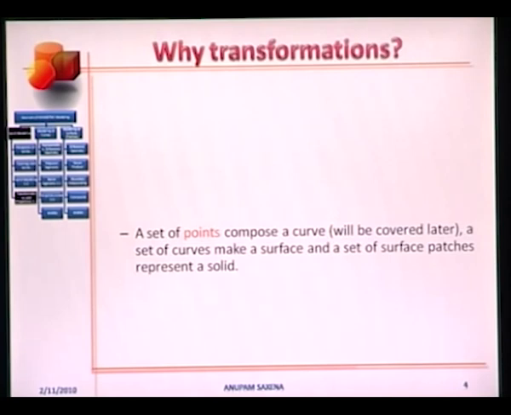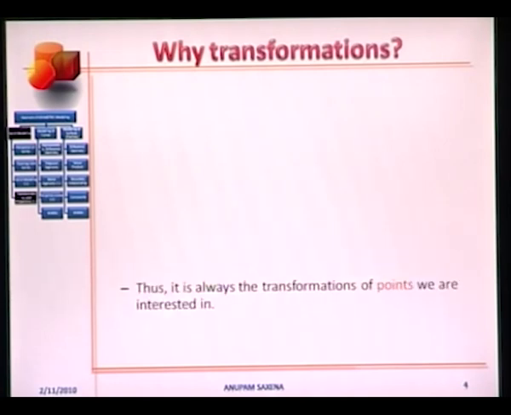All we need to do is reposition the points appropriately. In other words, all we need to do is to perform transformations on points, and the local shapes of surface patches and solids will change automatically. To re-emphasize, it is always the transformations of points we are interested in.